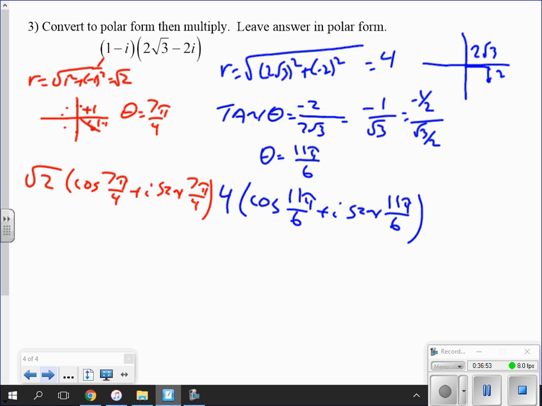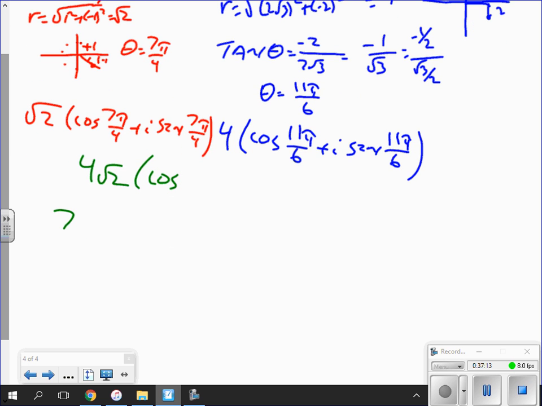And then we do our magic multiplication. What's 4 times root 2? 4 root 2. Very easy. Cosine of 7 pi over 4 plus 11 pi over 6. So 7/4 plus 11/6. The common denominator would be 12.